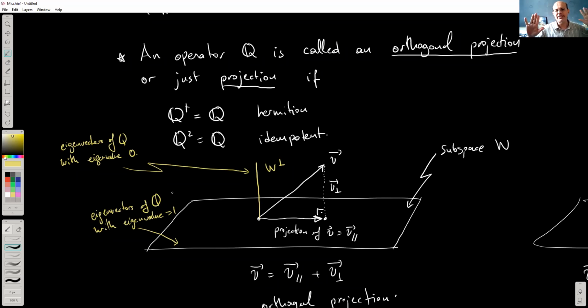Essentially, this correspondence is one-to-one, okay? So for every orthogonal projection, the corresponding eigensubspace is the subspace where we are taking the projection. This is an alternative way of investigating this geometric concept of taking projection by using operators only. So the geometry is important, something that you have to keep in mind.